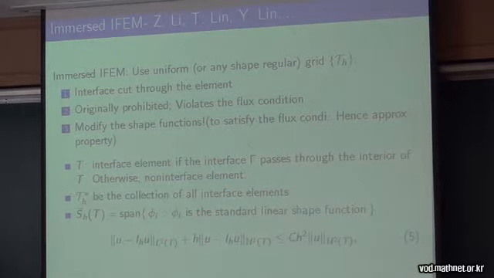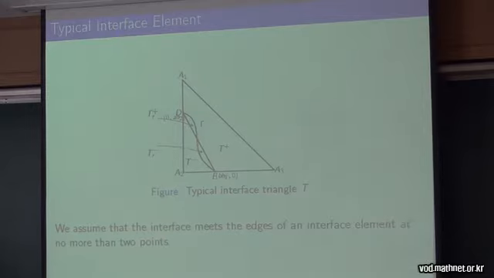This is the typical interface element. The smooth interface is here, but we can approximate it by a piece of line. For analysis, we need to treat the subtle inconsistency here.